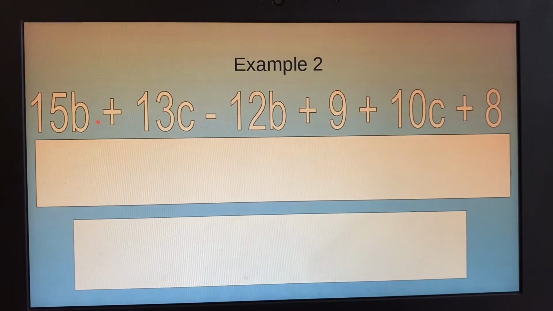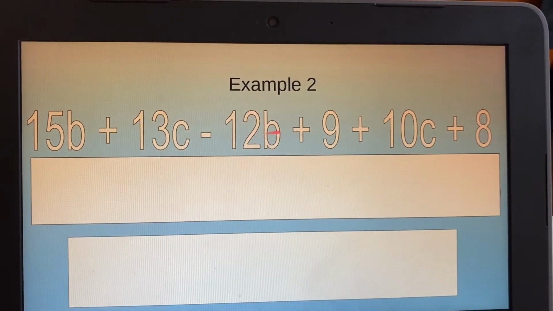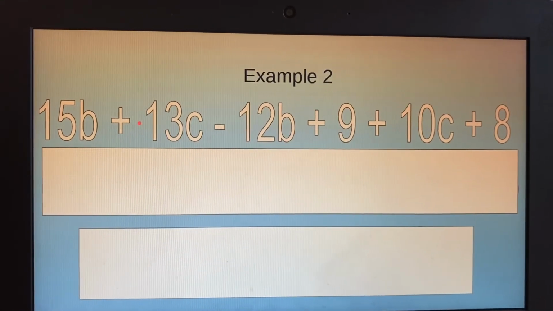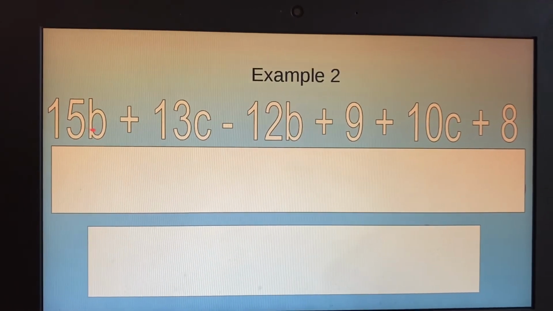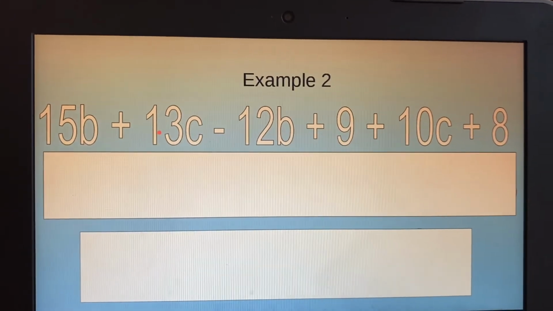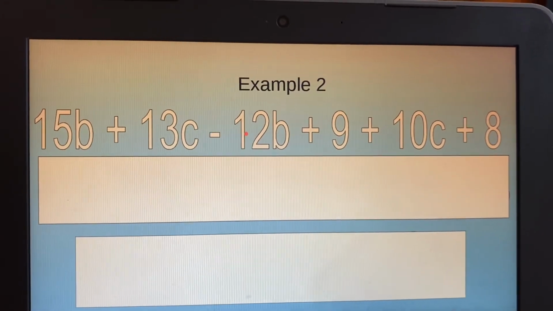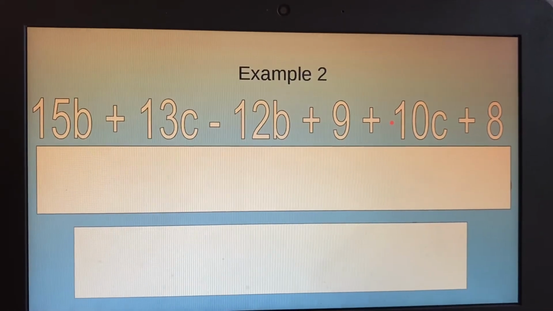Our next expression is a bit longer. Here's the expression, 15b plus 13c minus 12b plus 9 plus 10c plus 8. We're going to identify coefficients. 15 is a coefficient because it is attached to b. 13 is a coefficient because it's attached to c. 12 is a coefficient because it's attached to b. 10 is a coefficient because it's attached to c.